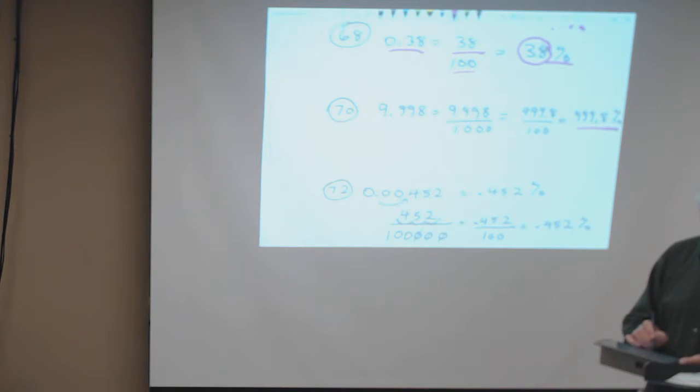And if you follow that little rule you learned years ago, move it 2 decimal places to the right, and it's 999.8, and add a percent sign. If you want to drop the percent, you move it to the left. If you want to change it to a percent, you move it to the right.